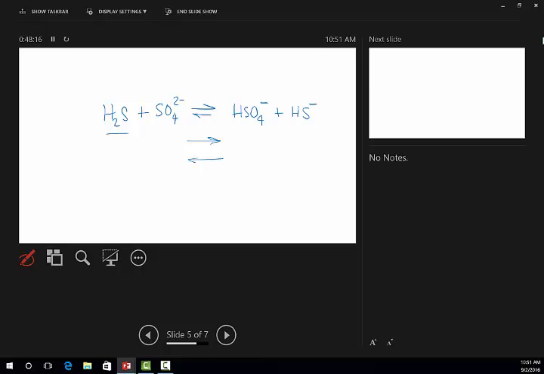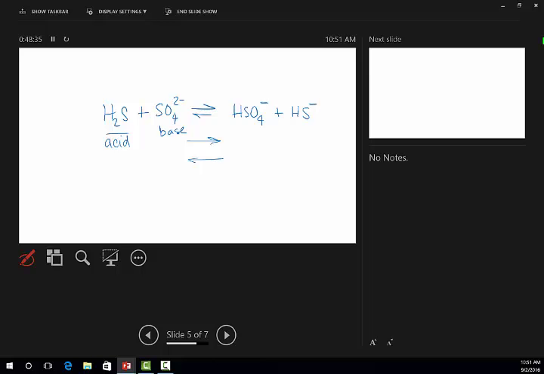In other words, I'm going to say that that is the acid going from left to right, because it's the one that donated the proton, right? And what accepted the proton? This.